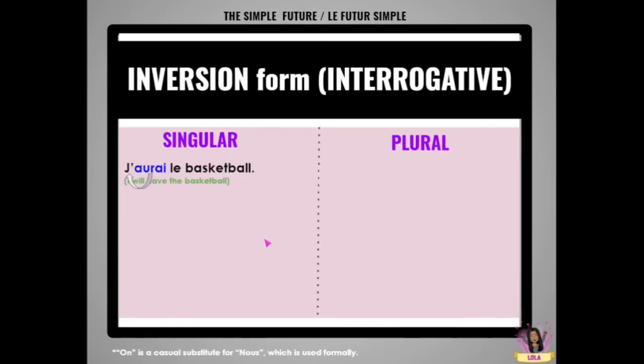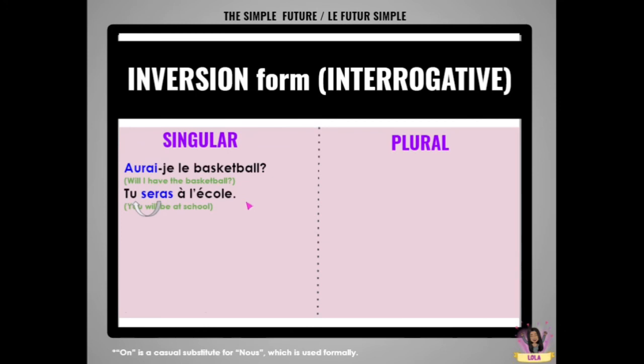Let's do them one at a time so that we really get this. So we've used j'aurai le basketball like you've seen before. We're going to flip this now. So it now becomes aurais-je. And also, if you notice, the J apostrophe changed to JE because it's at the end now. So, aurais-je le basketball? Notice I put the dash and the question mark in there. Will I have a basketball?